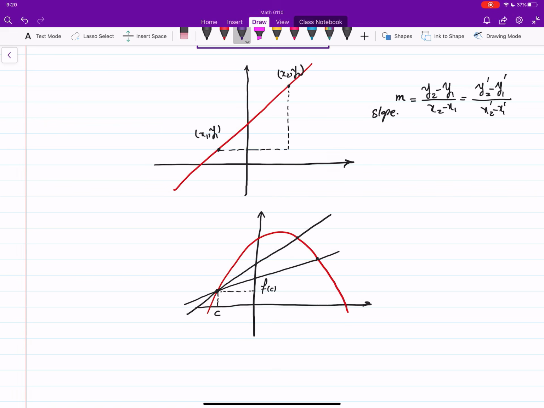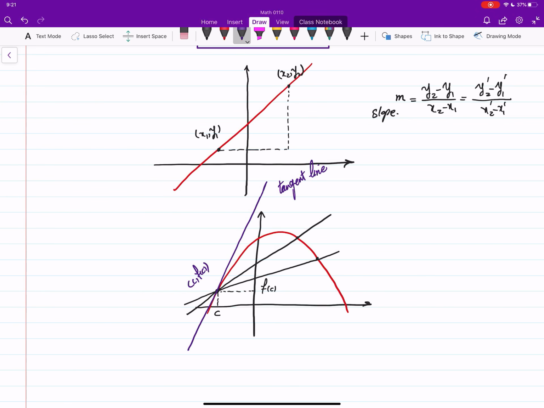It's a line which barely touches the graph at the point c, f(c). Such a line is called a tangent line. So if somehow I can define that tangent line, then the slope of that I will take as the slope of the graph at that point. So that's the idea.